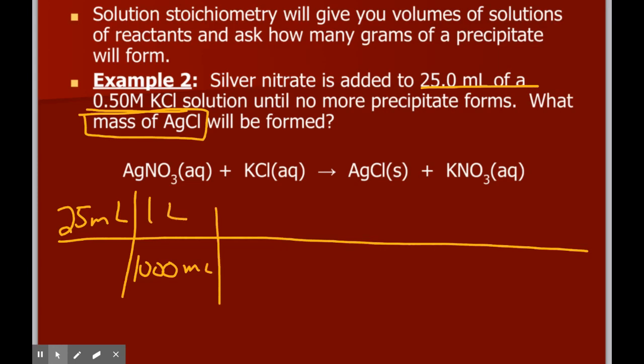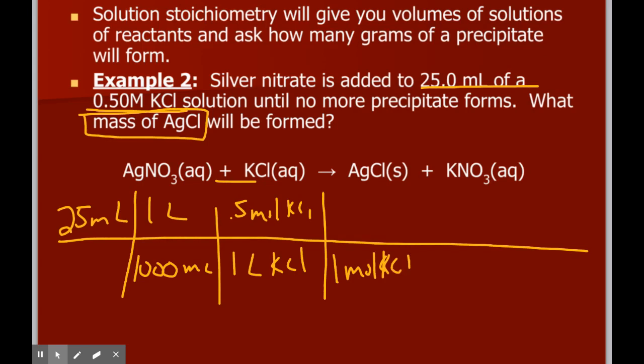And then we're going to use our concentration, the 0.5 molar KCl, which is equal to 0.5 moles of KCl in 1 liter of KCl solution. Now we're going to use our mole ratios that come from the equation. We have 1 mole of KCl to 1 mole of silver chloride.